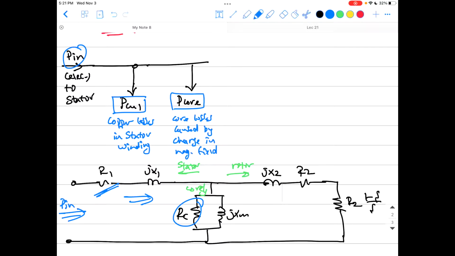Like we said before, in the synchronous machine, it has two parts, which are the eddy current and hysteresis parts, okay? And both of them depend on the frequency. The eddy current depends on the frequency squared, while the hysteresis depends on the frequency. Both of them just need a change in the magnetic field, and because we're talking about an AC machine here, the magnetic field keeps changing all the time, so you have these core losses here.